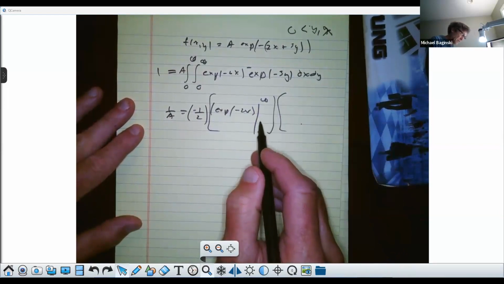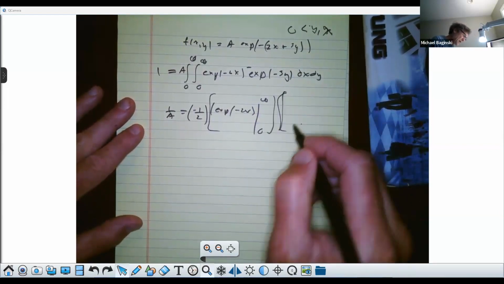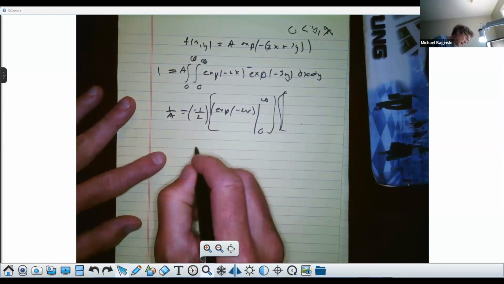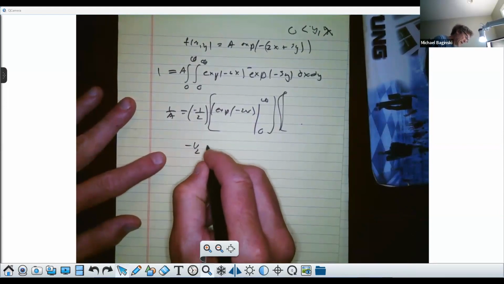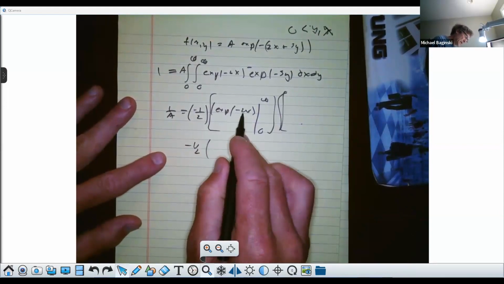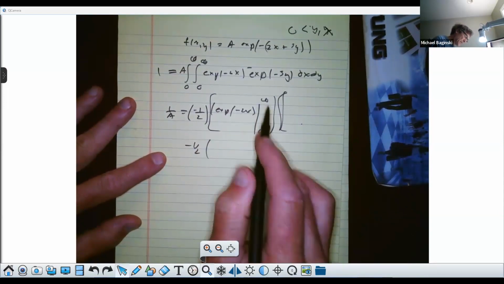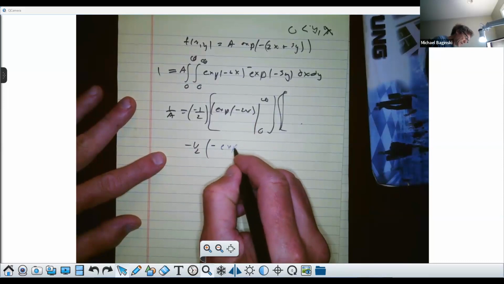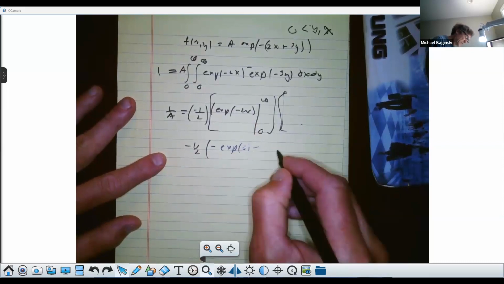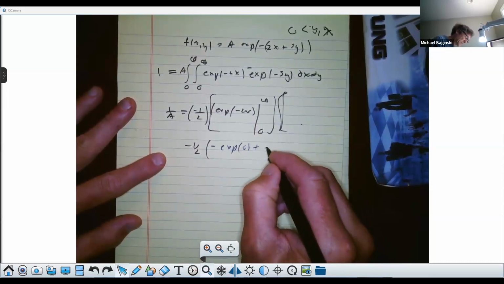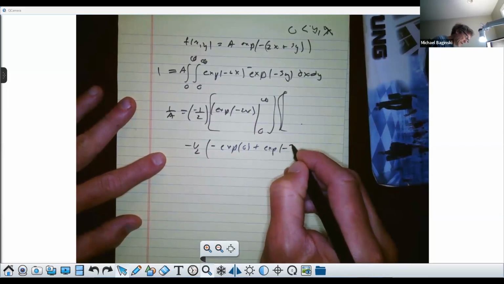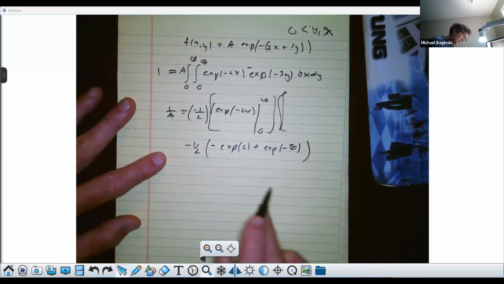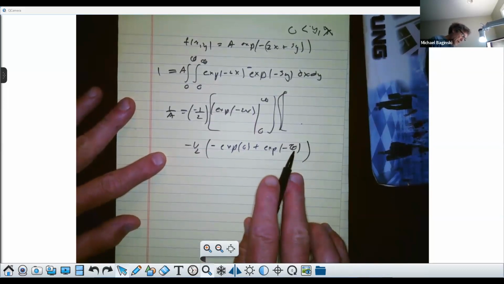Let's do this one first, and we'll do the other integral in a second. I have minus 1/2, and integrating e to the minus 2x from 0 to infinity gives minus exp to the 0, plus exp to the minus infinity. You agree with that?